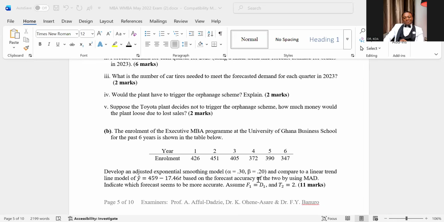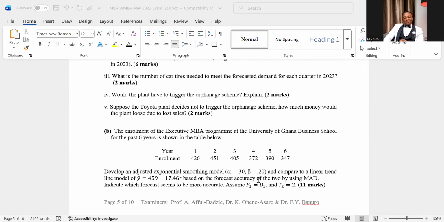If we check the car type production and it is more than 100,000, it means we need to bring some money from somewhere. That is what triggers the orphanage scheme. There's some money we have put into an orphanage. Then we got to bring it out. We got to cough out that money to be able to meet the demand.